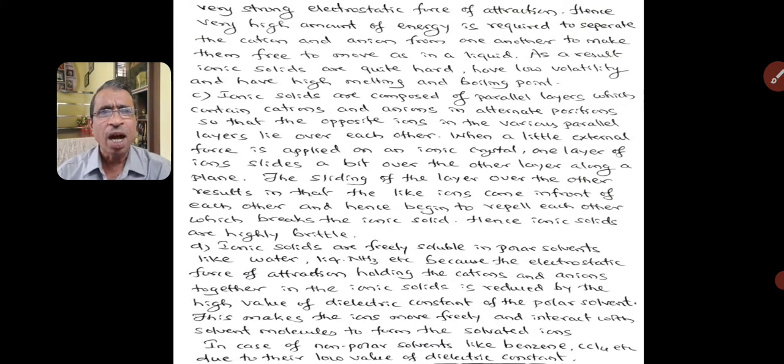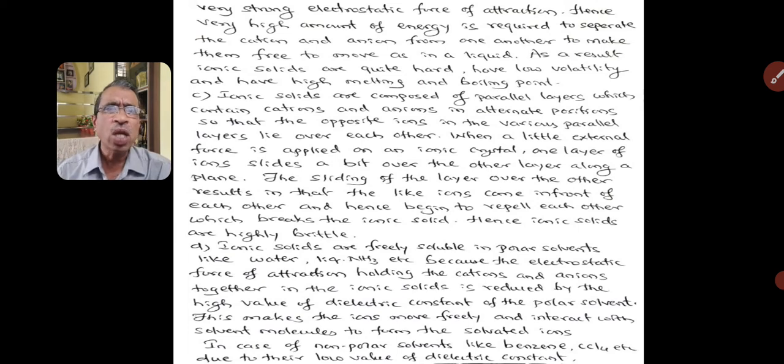As a result, ionic solids are quite hard. They have low volatility and they have high melting and boiling points. Here I am giving the reasons for all the properties of the ionic compounds.